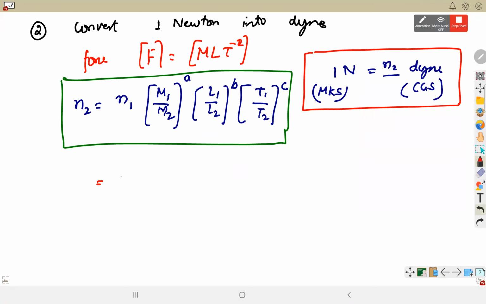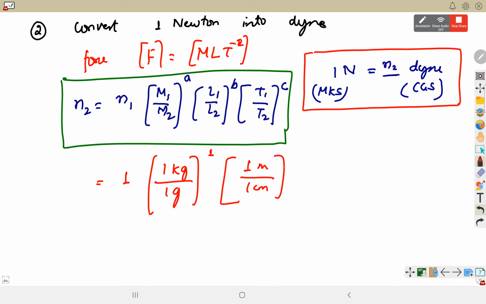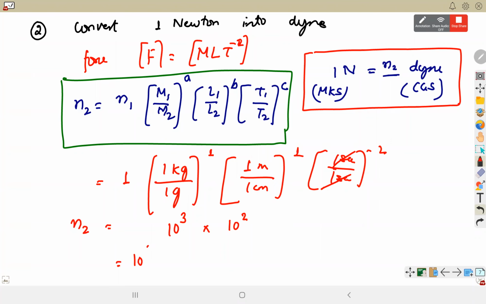Standard system N1 is 1। पहला सिस्टम MKS में mass is kg, and in CGS system it is gram, 1 to the power 1। 1 meter, 1 centimeter to the power 1। Time is second, so 1 second and 1 second to the power -2। This is gone। kg को ग्राम में चेंज करोगे 10 to the power 3, g g cancel। मीटर को सेंटीमीटर में चेंज करोगे 10 to the power 2, सेंटीमीटर सेंटीमीटर cancel। So that means 1 Newton is 10 raised to power 5 times.